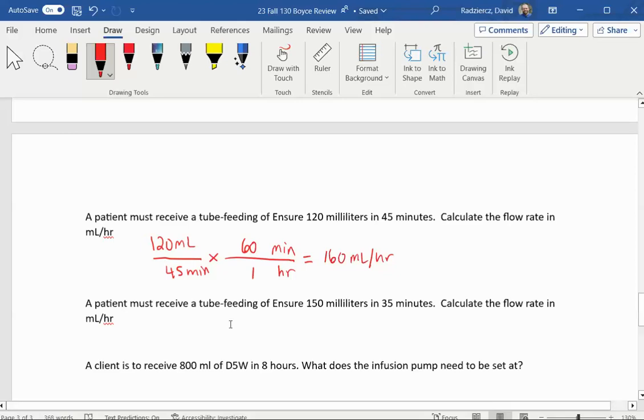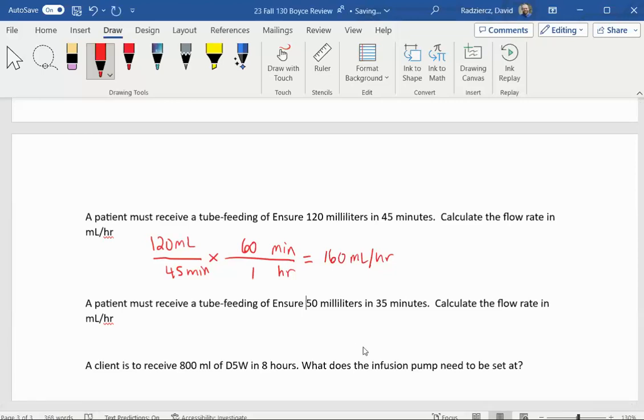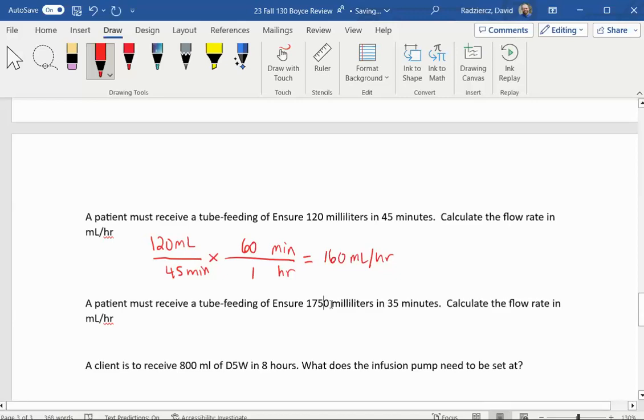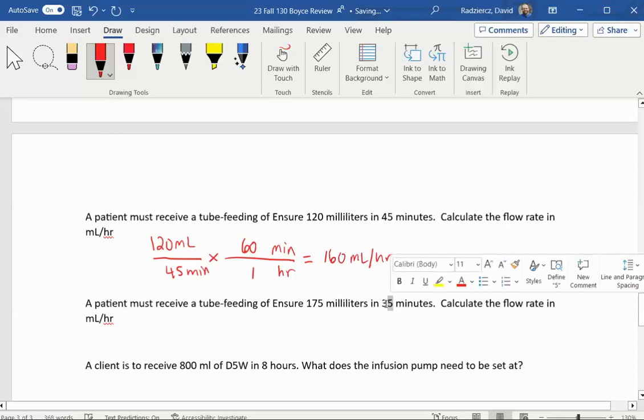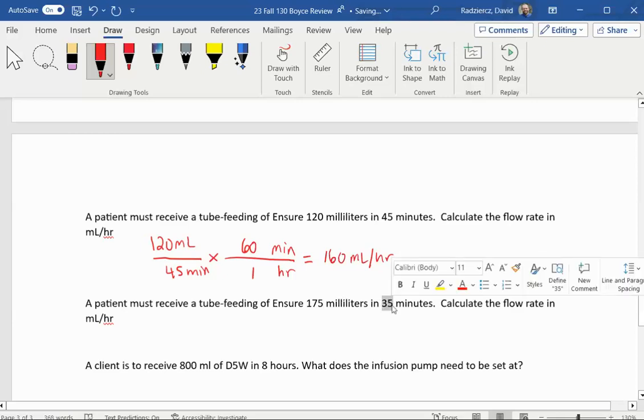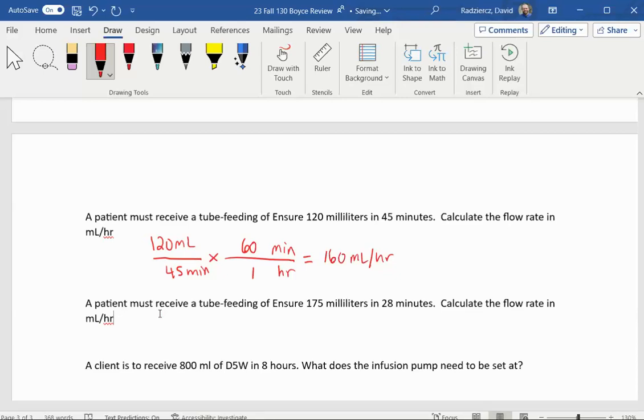Because I did 150, 35 minutes last time, let me change this up. Let's do 175. And then let's make this interesting. Let's say 28 minutes, just because it'll make you work through it. So go ahead and you have a patient that's receiving tube feeding, 175 milliliters in 28 minutes.